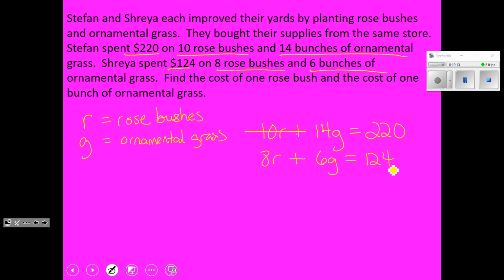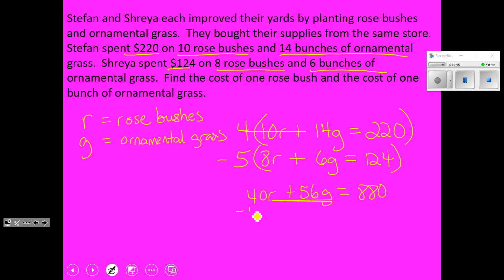I'm going to make 40 with the R's. So I'm going to times this one by 4, and I'm going to times this one by 5, and one of them needs to be negative, so I'm just going to do the -5. So this will make 40R plus 56G equals 880.